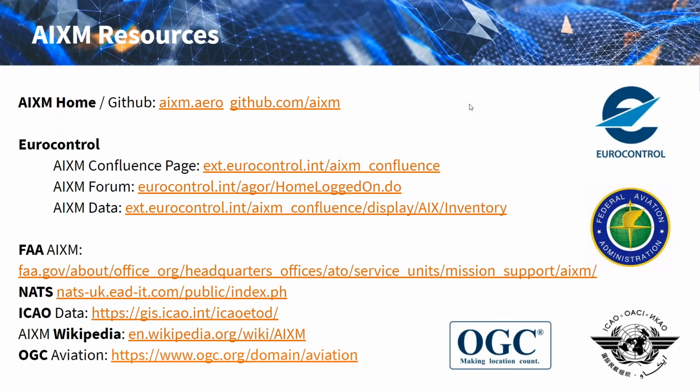NATS from the UK, ICAO, even the Wikipedia page for AIXM I found quite helpful for the history, and OGC Aviation. If you want to get connected to the aviation community related to geospatial, the OGC is a good place to do that.